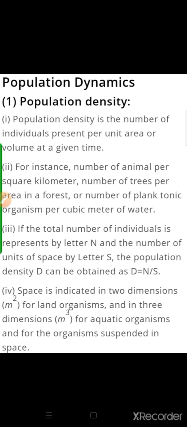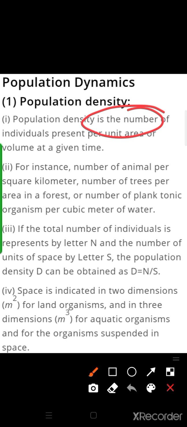Population density is the number of individuals present per unit area. For example, the number of animals per square kilometer, the number of trees per area in a forest, or the number of planktonic organisms per cubic meter of water.